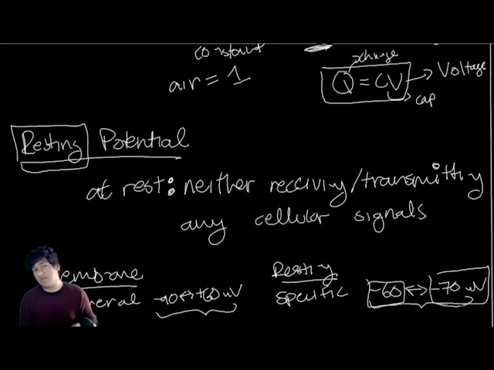Or I'm also saying it's 70 millivolts less positive than the outside. And if you wanted to characterize this, the outside could be 140 and the inside could be 70, right? If we do in minus out, we get 70 minus 140, which is negative 70.